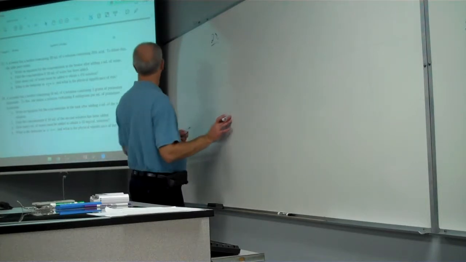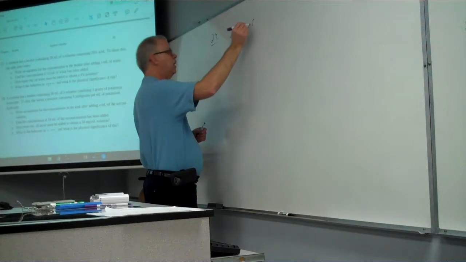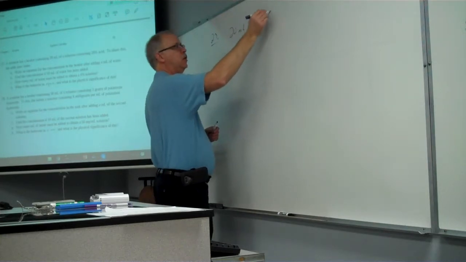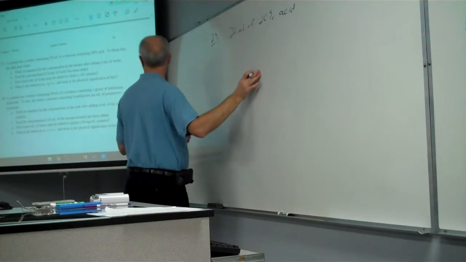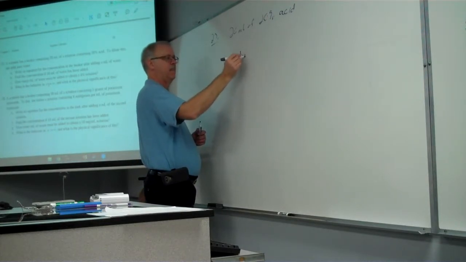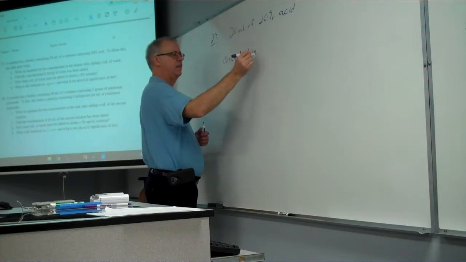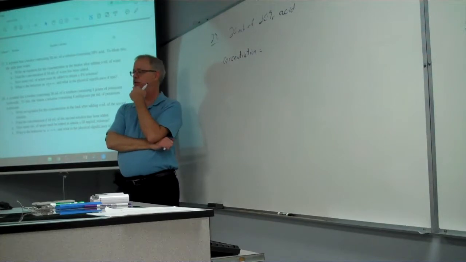So we start with 20 milliliters of 20% acid. And so we want to know what the concentration is. So we have to think a little bit about, well, how would we figure out concentration in the first place?